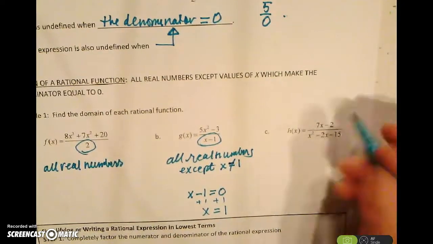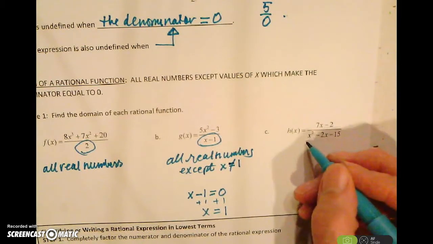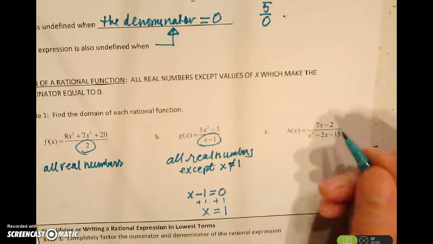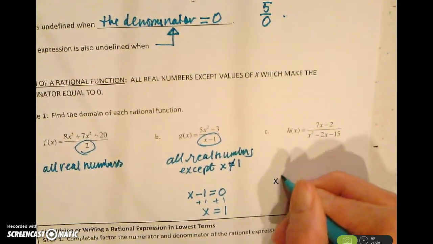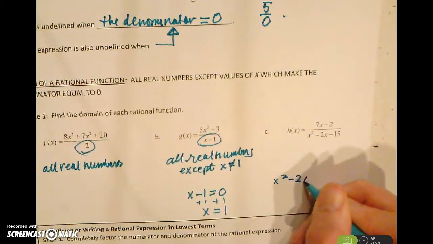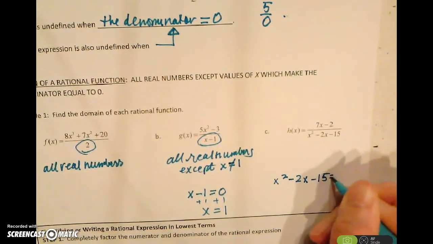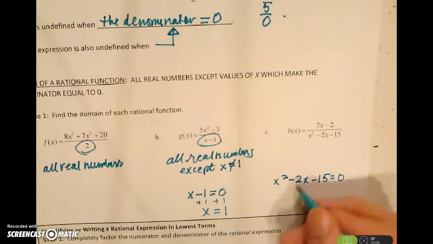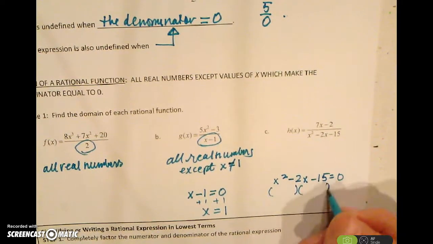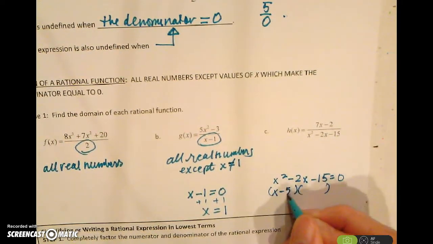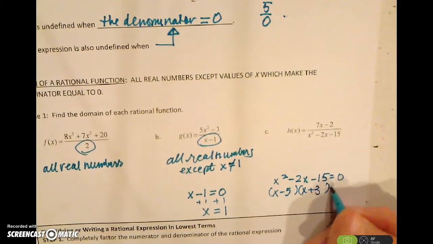For C, again, it's going to be all real numbers, and I need to figure out when this denominator is equal to 0. So where does x squared minus 2x minus 15 equal 0? I'll need to factor that with the AC method. So (x minus 5)(x plus 3).